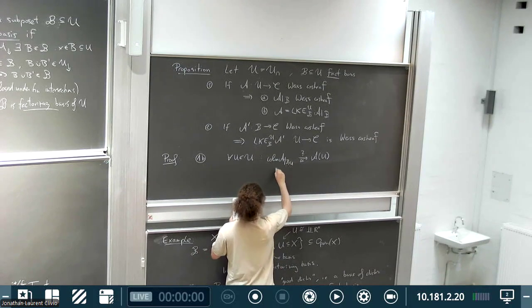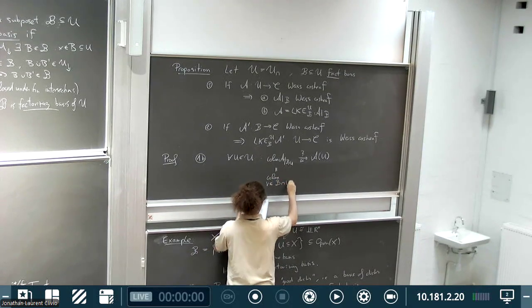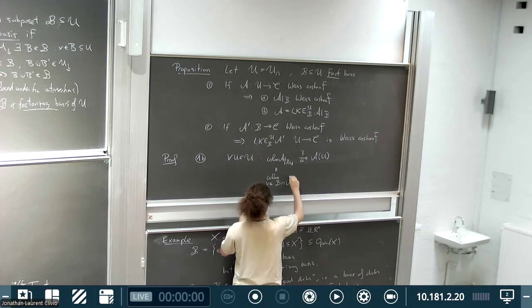So I will write it in the notation I've been using so far, which is that it needs to lie both in B and under U.